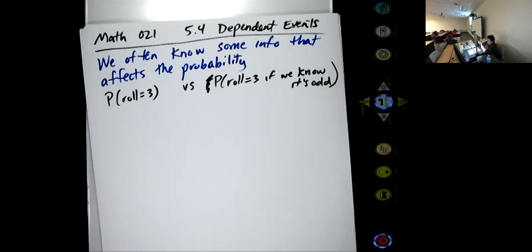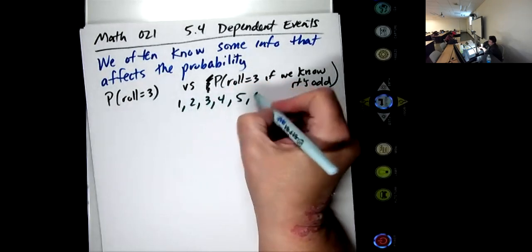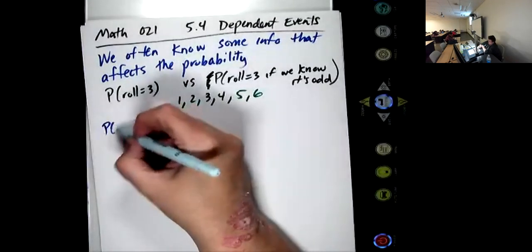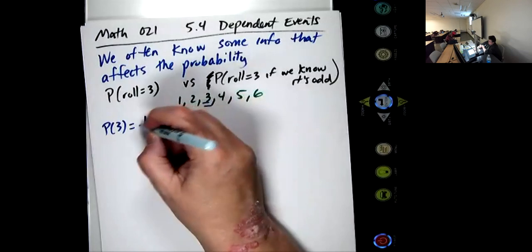So on a single die, there's 6 outcomes, right? One, 2, 3, 4, 5, and 6. So the probability of rolling a 3 is, there's only one answer that's a 3. It's 1 out of 6.